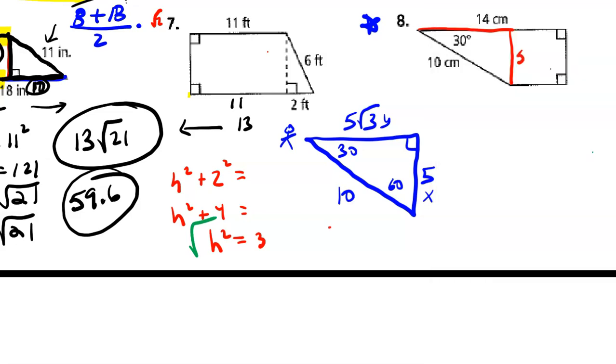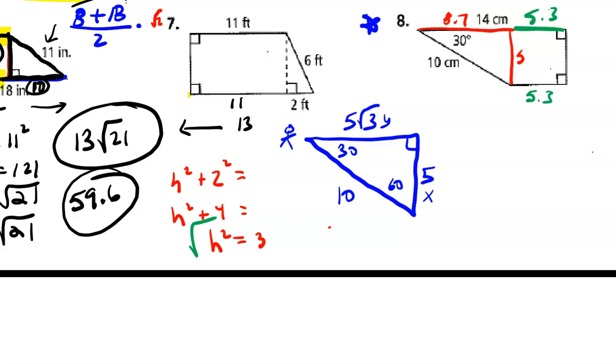So I'm going to write down 8.7 right here. So if that's 8.7, I should be able to figure out this piece because those two numbers have to add up to 14. So 14 subtract 8.7 would be about 5.3. So it's kind of close to being a square, but not exactly.